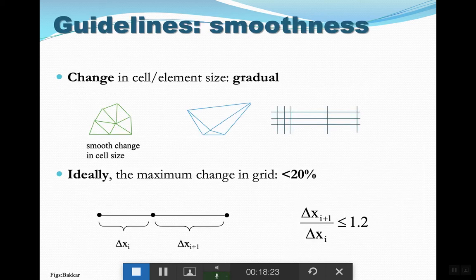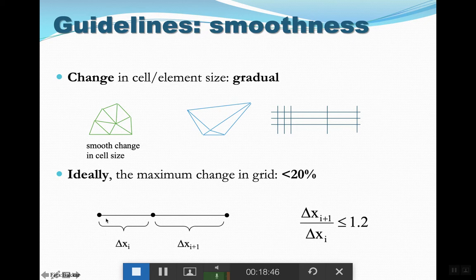So the other guideline is smoothness, meaning if you are creating a mesh in your system, due to many considerations of the flow features and so on, you need to refine or coarsen your mesh from one step to another, right?